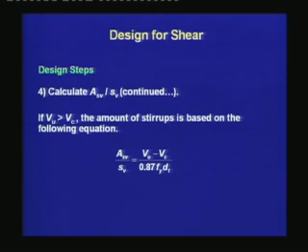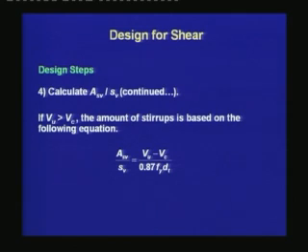If Vu is greater than Vc, that means the shear demand exceeds the capacity of the shear resisted by the concrete. The amount of stirrups is based on the following equation. Asv divided by Sv is equal to Vu minus Vc, which is the shear to be carried by the stirrups, divided by 0.87 fy times dt.